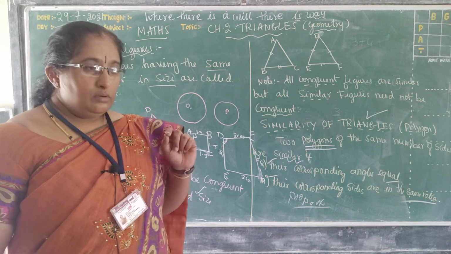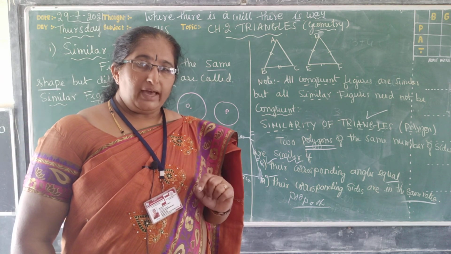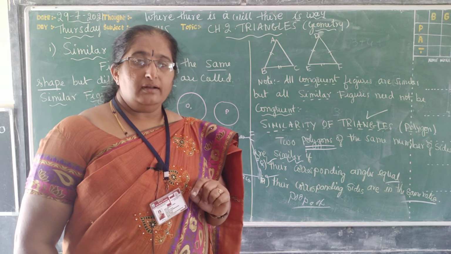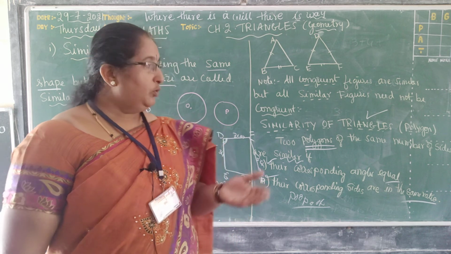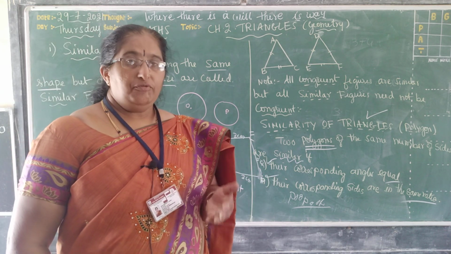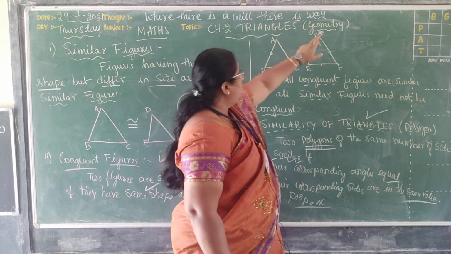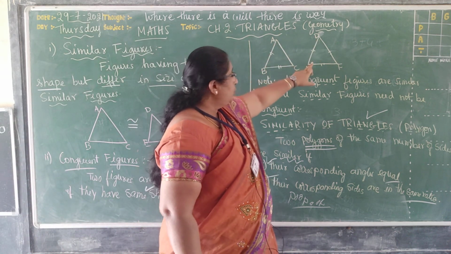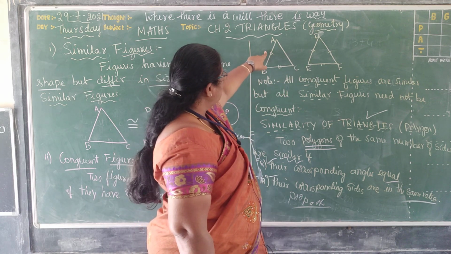So now I hope you understand when can we call two figures similar. We can call two polygons similar or two triangles similar if the corresponding angles, like angle A must be equal to angle D, angle B must be equal to angle E, and their corresponding sides should be in the proportion.